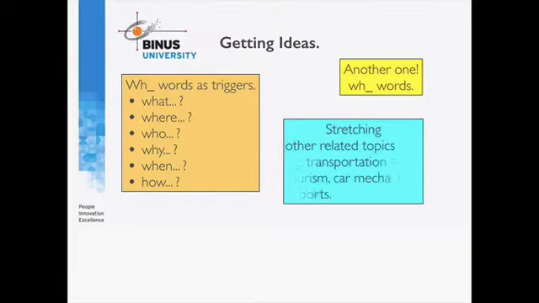So for example, if you have to talk about a car, transportation that you use in the city, then you might stretch it into talking about the problems of tourism, the problems of travel at airports, or anything that you like, really.